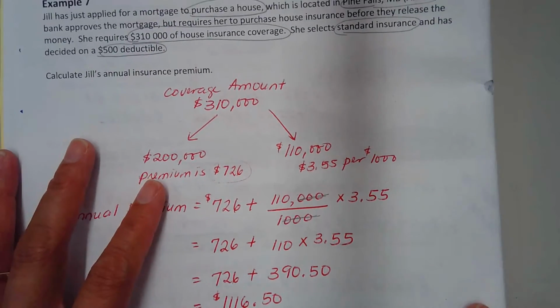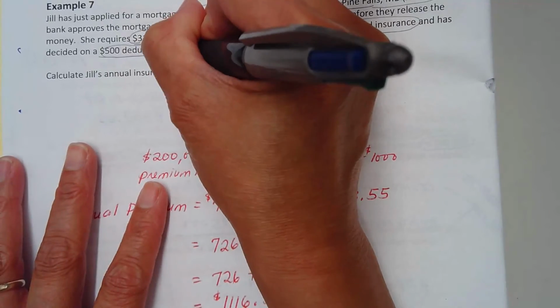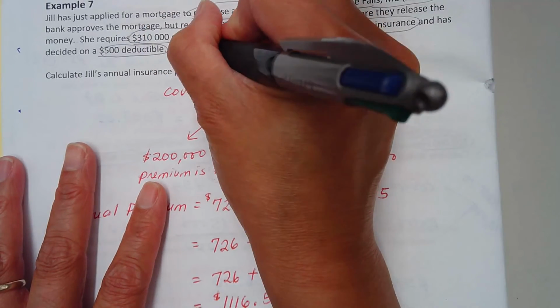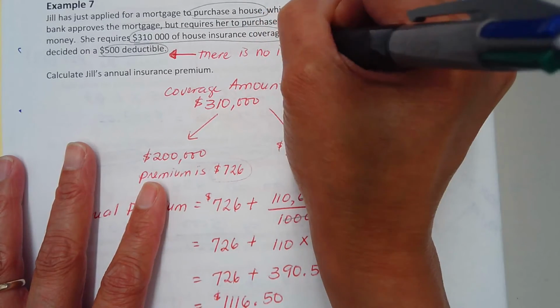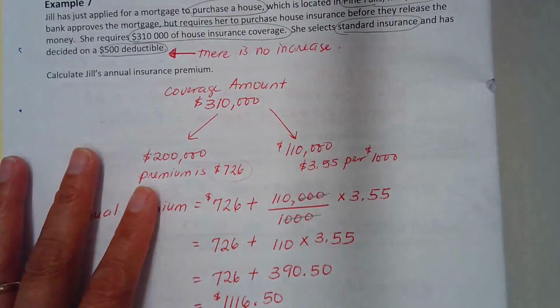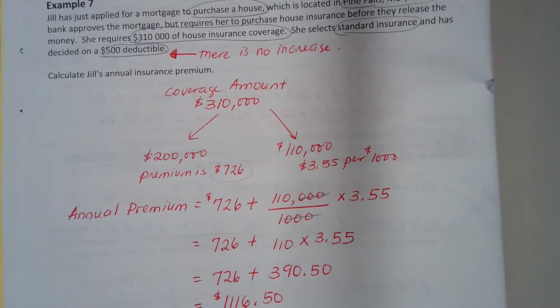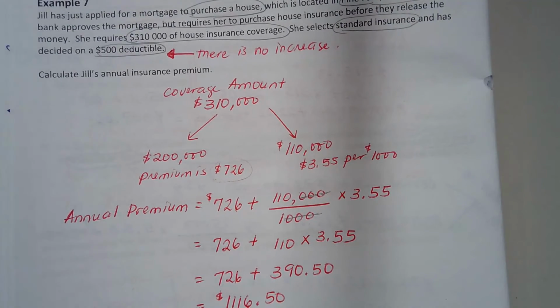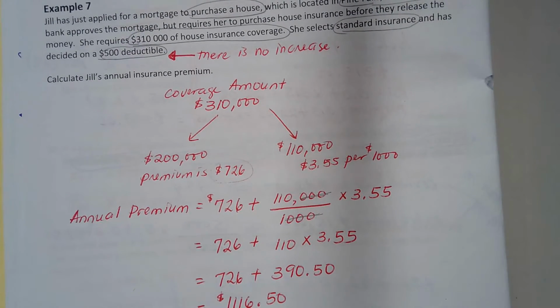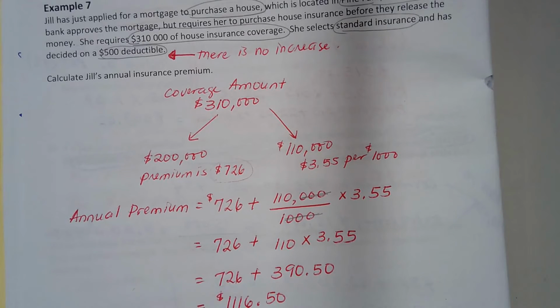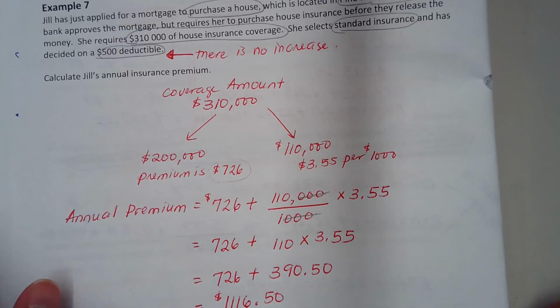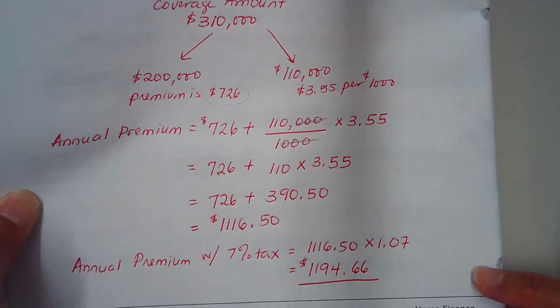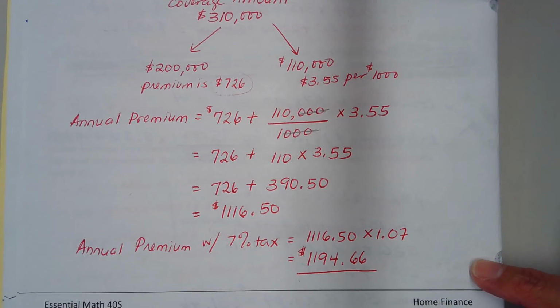So maybe we should write that down. Should have talked about that earlier. So there is no increase in this case, because all of the table values on the tenancy insurance table are all for a $500 deductible.